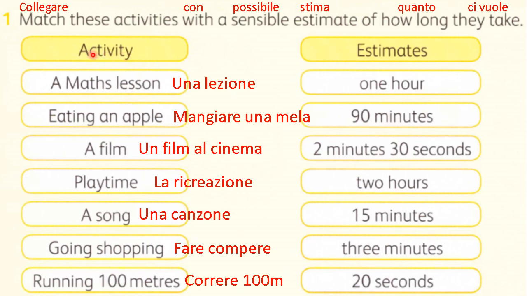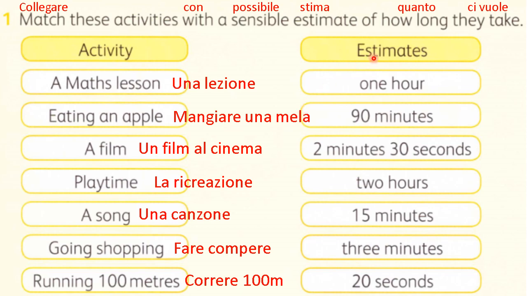The activities are a maths lesson, eating an apple, a film, playtime, a song, going shopping, and running 100 meters.